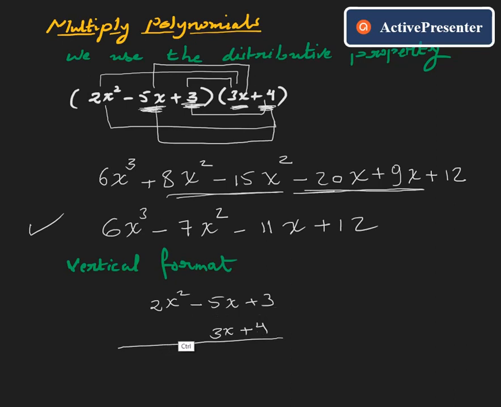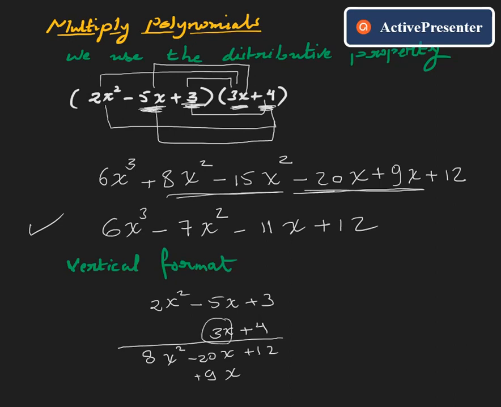So 4 multiplied in 3 is plus 12, and 4 multiplied in minus 5x is minus 20x, and 4 multiplied in 2x squared is plus 8x squared. What about now 3x multiplied in 3? It is plus 9x.